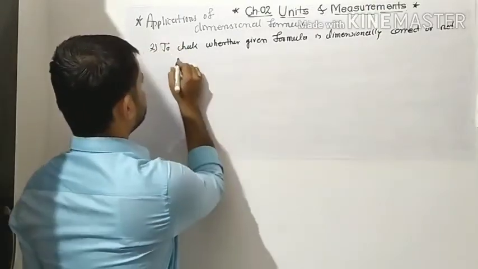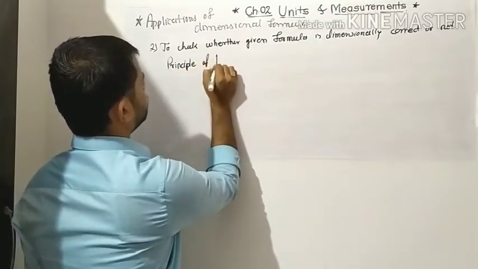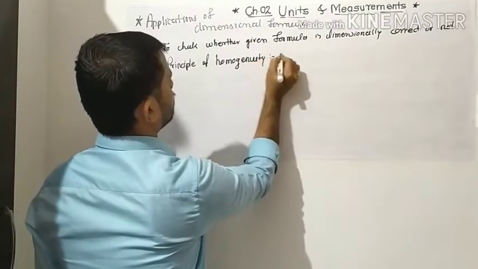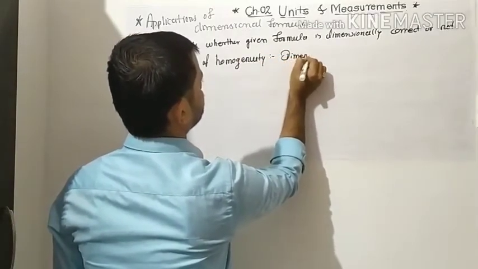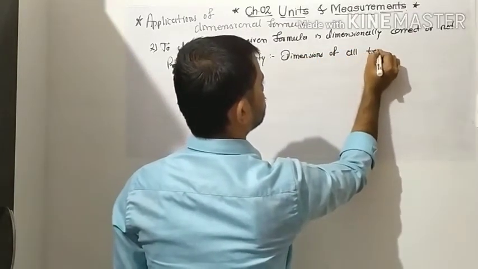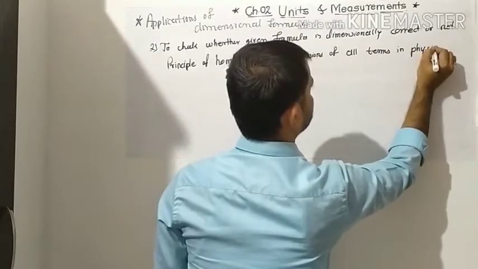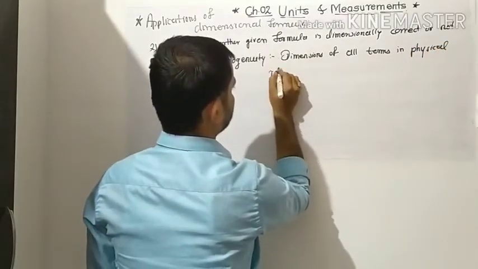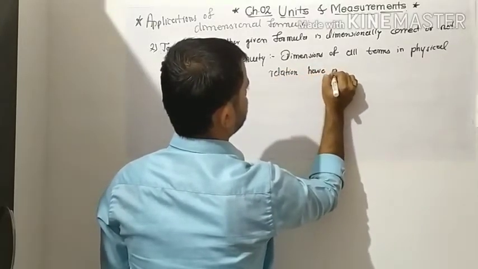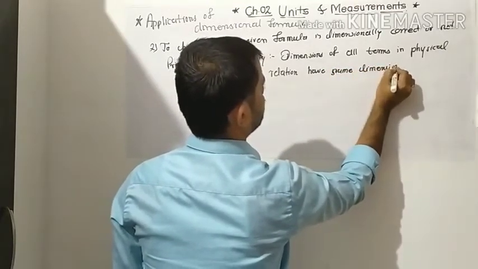That is the principle of homogeneity: the dimensions of all terms in a physical relation have the same dimensions.